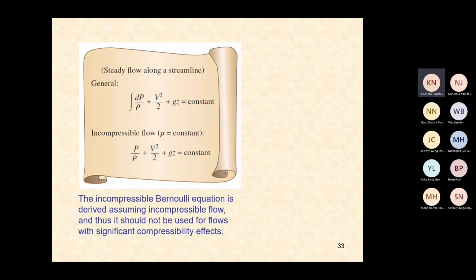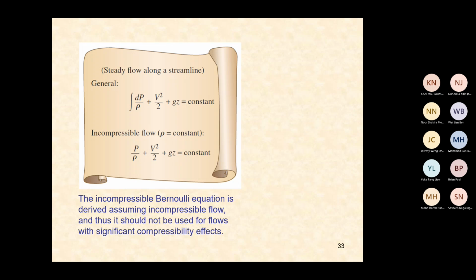And for incompressible flow, rho is constant because it cannot be compressed. So as a constant value, it becomes p by rho plus v squared by 2 plus gz is equal to constant.